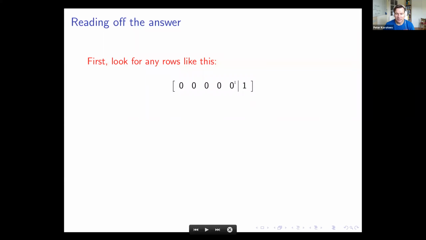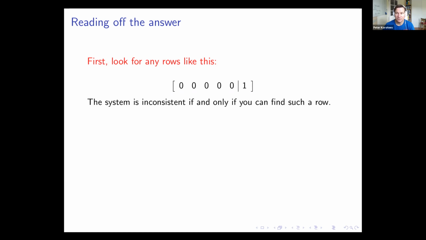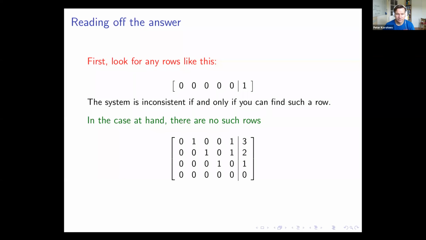So this translates into the equation 0 equals 1, and this system is inconsistent if you find such a row. At that point, it's a done deal. It's a no-go. If a row like this exists, then the system has no solutions. Instead of 1, you can put any number. If it's not 0, then the system is inconsistent.